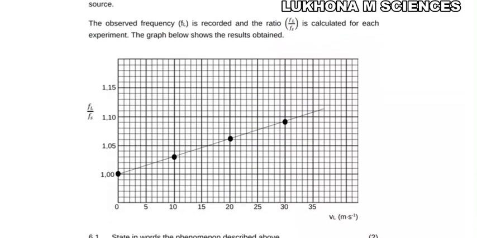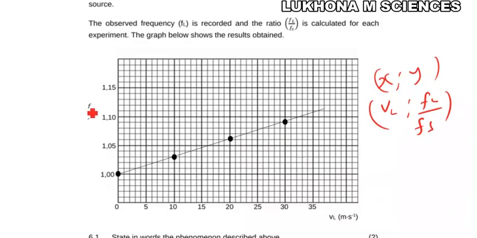If you look here, we have the x-axis. Remember, we have coordinates x, y. So when we have coordinates, meaning we have VL versus the ratio. These are the coordinates in this case. When we speak, we always start with x, because we say xy. As the velocity of the listener increases, the ratio also increases.